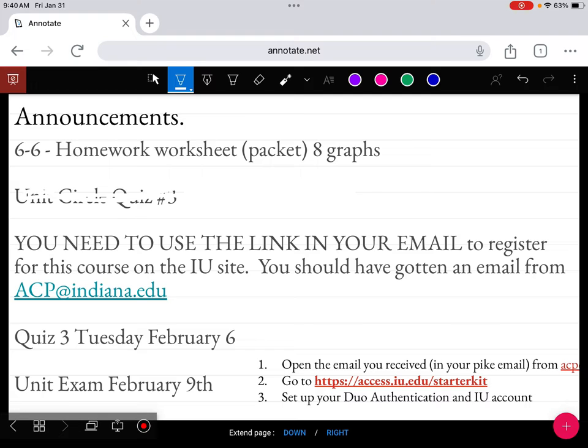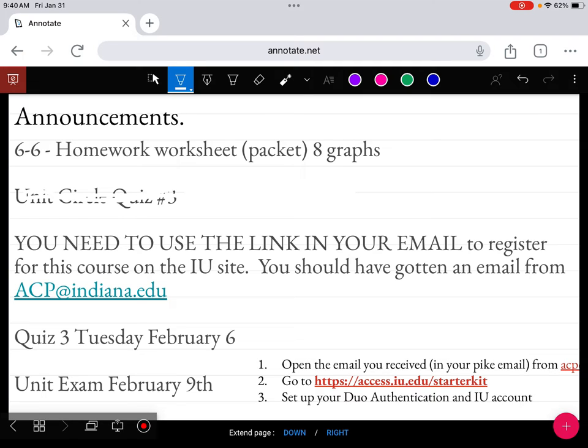We have another quiz coming up. We'll have a quiz over all the graphing stuff. Quiz 3. I believe so, but let me know. I think it's mostly. If it's not all, it's mostly.